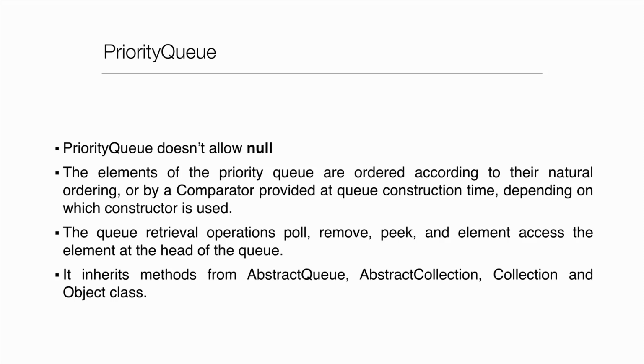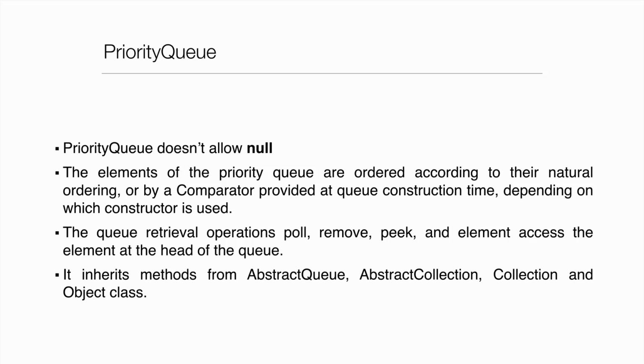Or we could actually give it a comparator, which essentially is, well, not really a data structure, it's an object that allows us to compare two different values, and it uses that to sort the priority queue accordingly. So yes, those are the two ways, but it does not keep its order of insertion. The queue retrieval operations pull, remove, peek, and element access the element at the head of the queue.